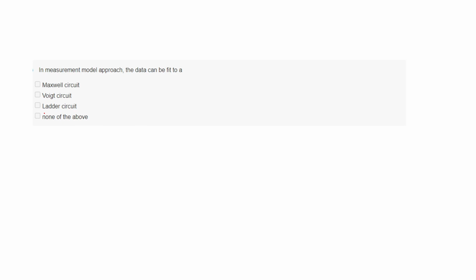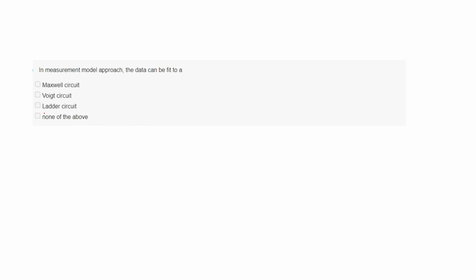What are we doing in the measurement model approach? We are using passive elements like resistor, capacitor, and inductor. And the question is, how can the data be fitted?